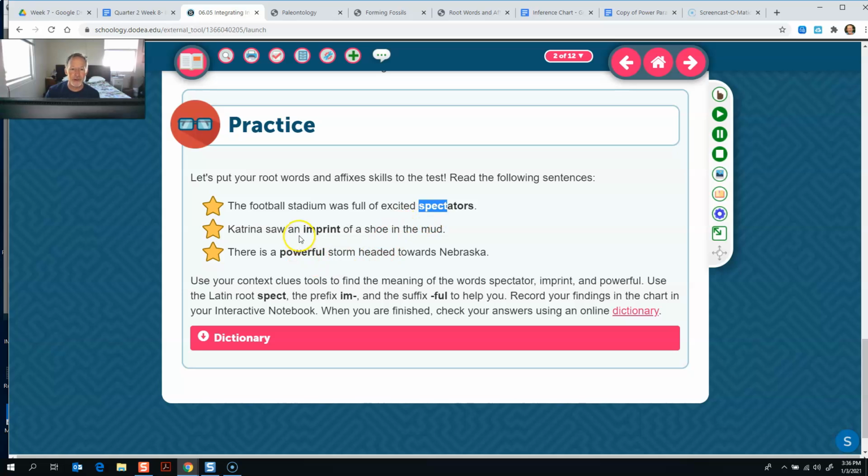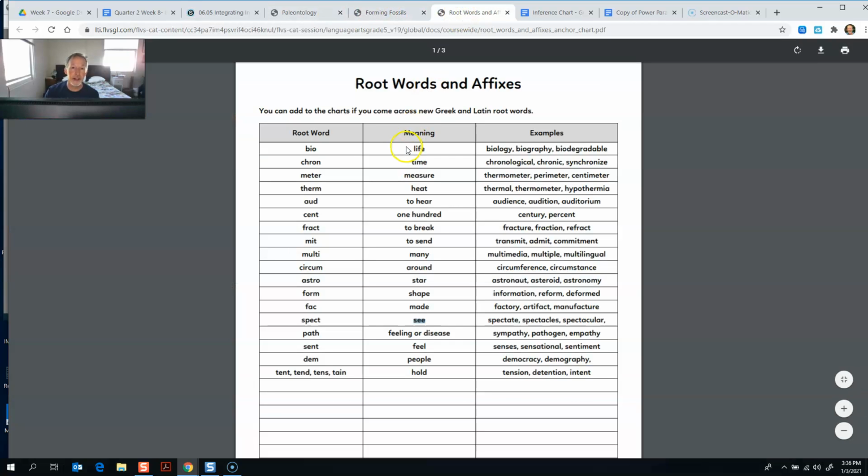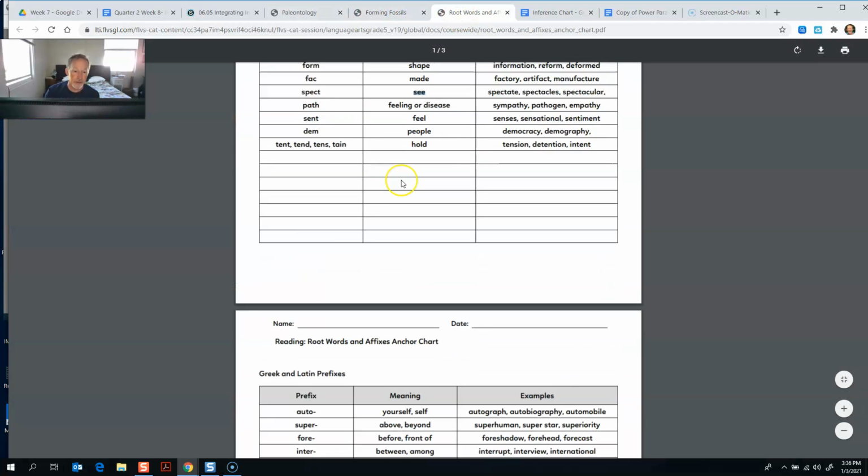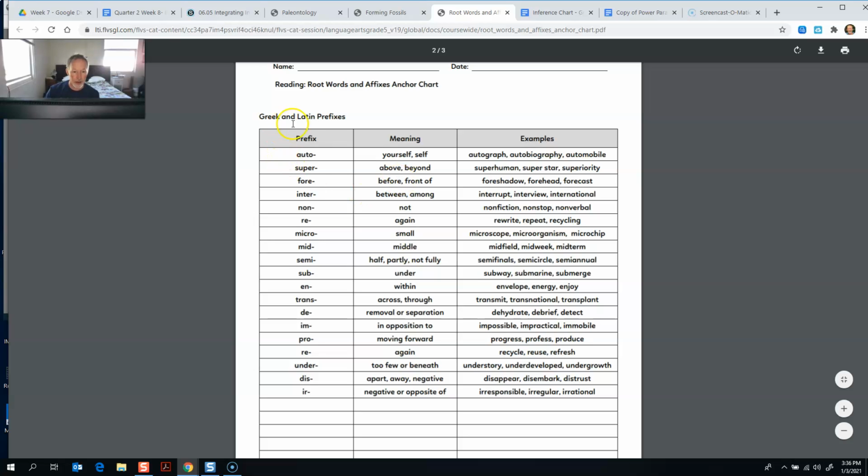Okay, and then we've got another one right here, imprint. Okay, Katrina saw an imprint of a shoe in the mud. Okay, so she saw a track in the mud, an imprint. If we look at our root words again right here, im is a prefix. So if I go down here, im's right here, in opposition to.